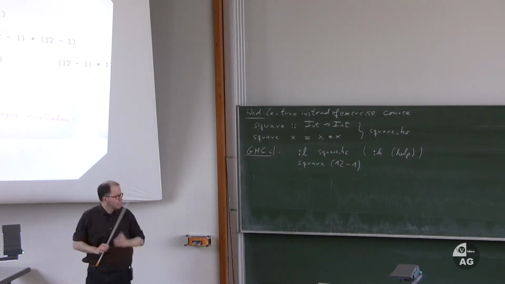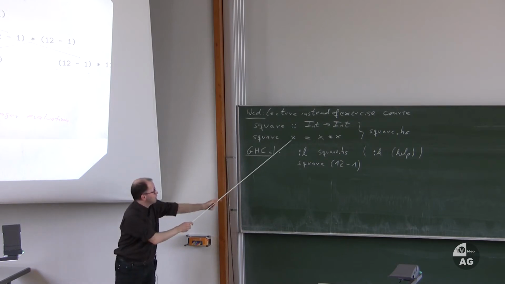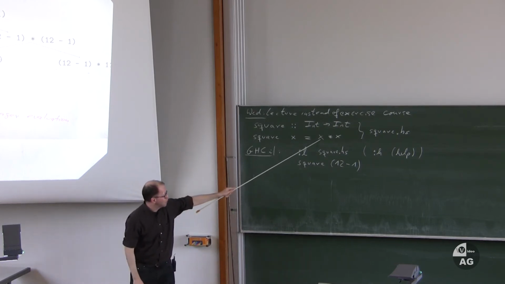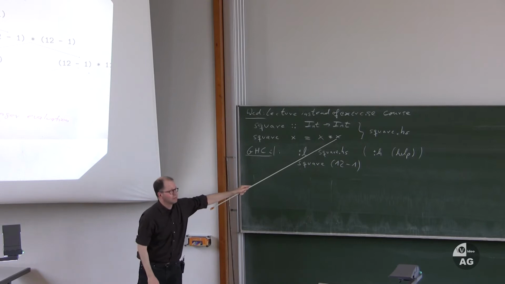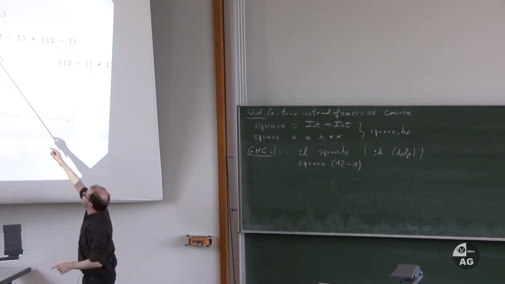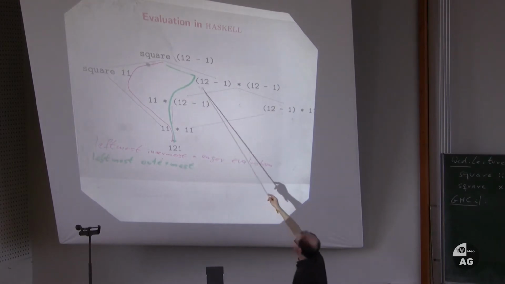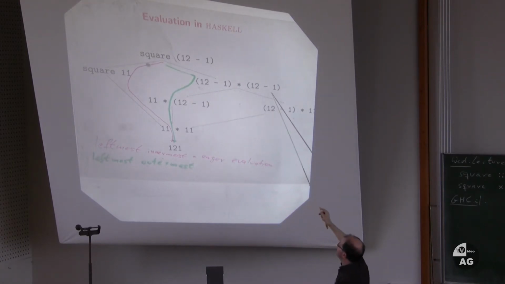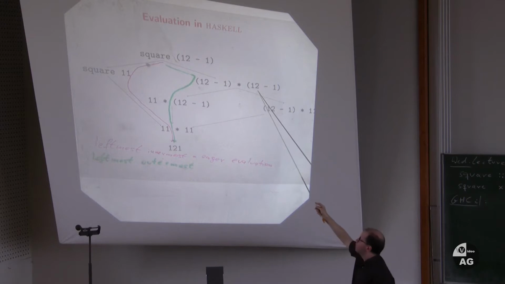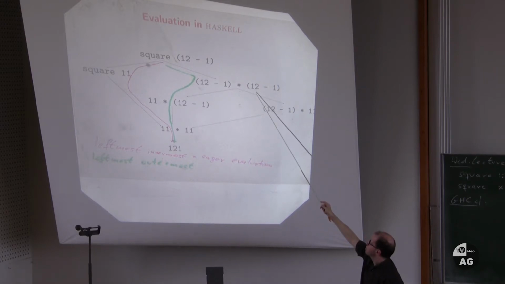If we do that, then indeed here we have square of 12 minus 1, and this can be rewritten to 12 minus 1 times 12 minus 1. And this is what happens here. So we could also evaluate square directly, and then we reach this expression, 12 minus 1 times 12 minus 1.